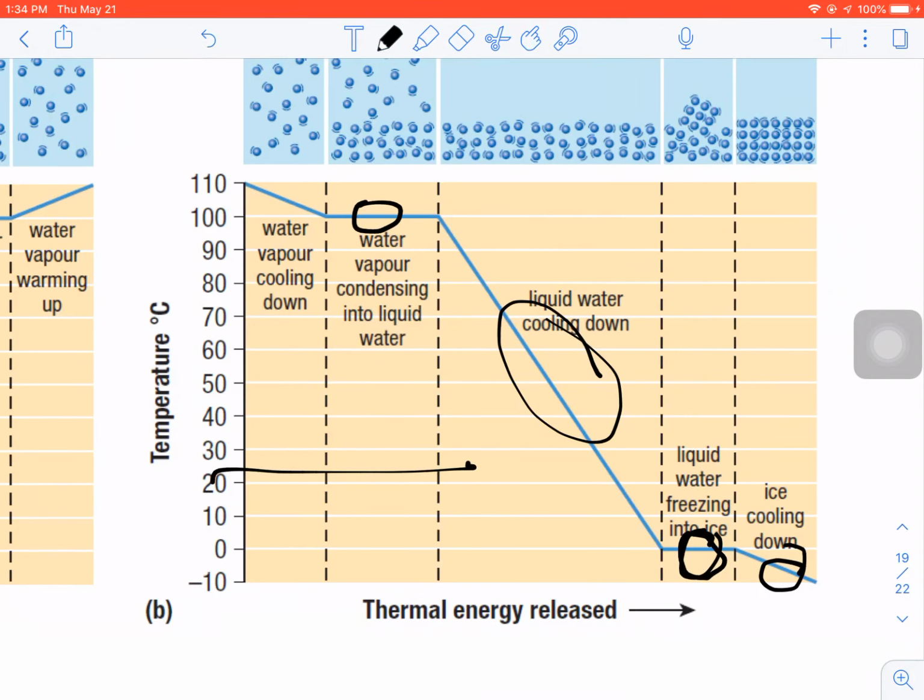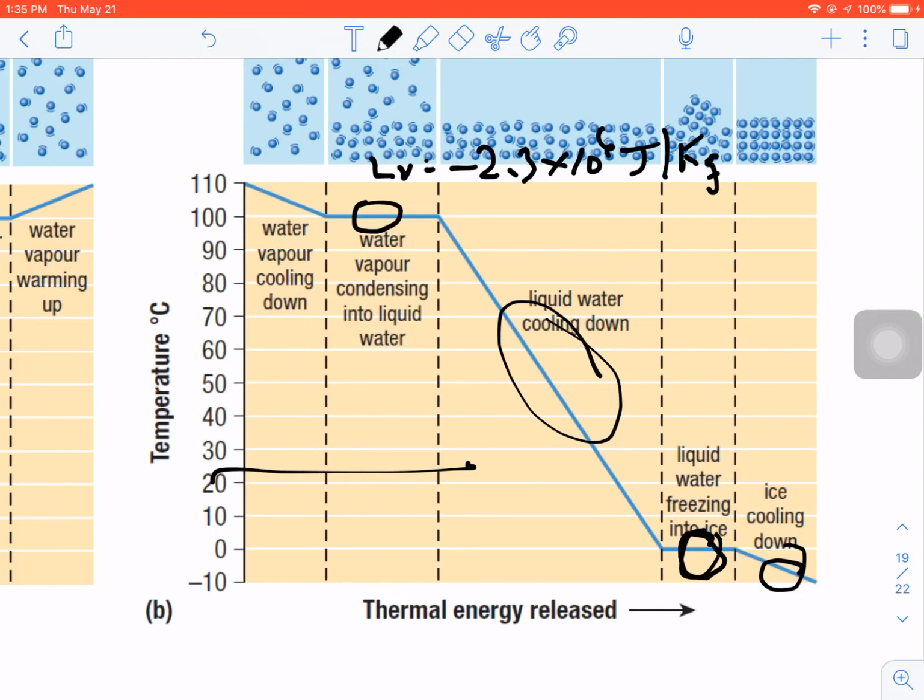So here I'm going to use the same LV value that I had for boiling water. It's the same except it's the negative value. Negative 2.3 times 10 to the 6 joules per kilogram that condenses.